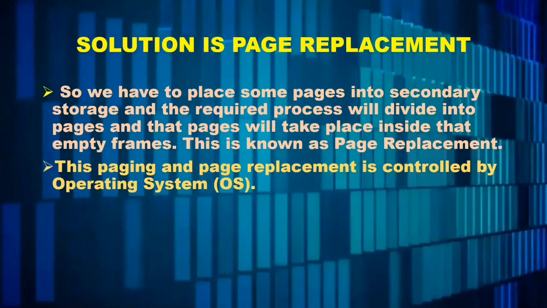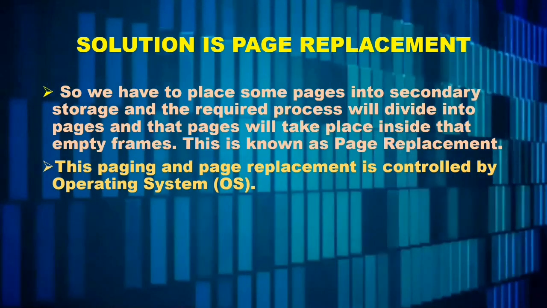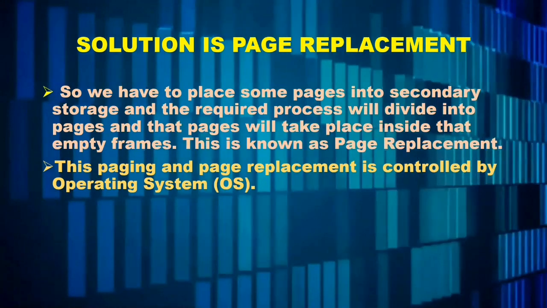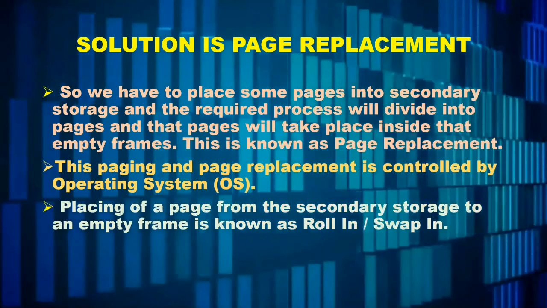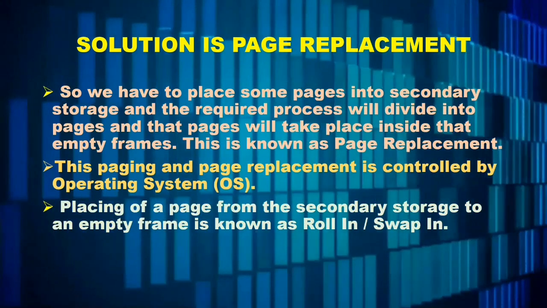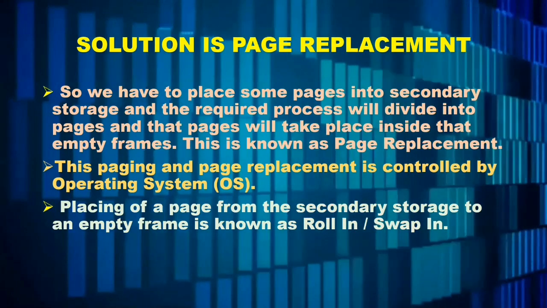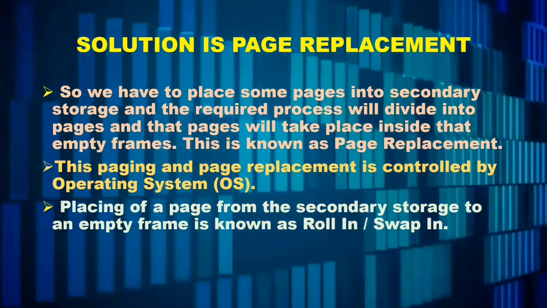So this paging and page replacement is controlled by the operating system. In page replacement there are two important terms. The first term: placing a page from the secondary storage into an empty frame is known as roll in or swap in.